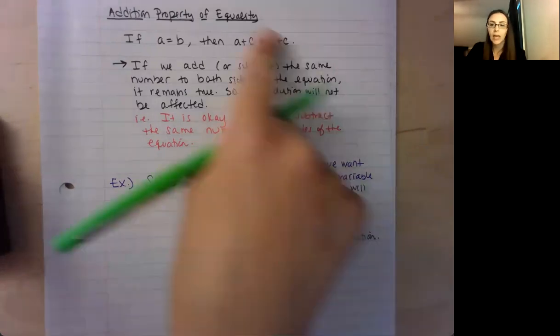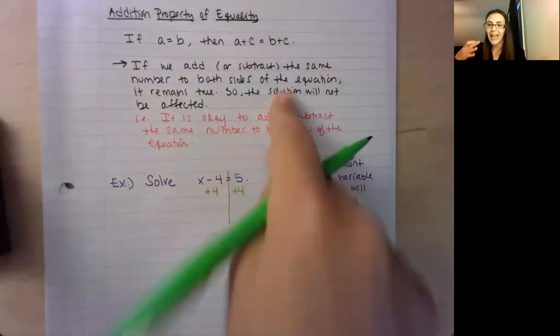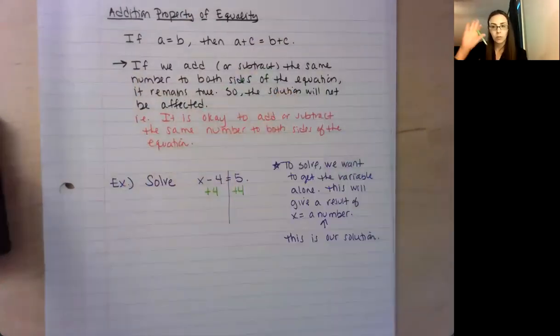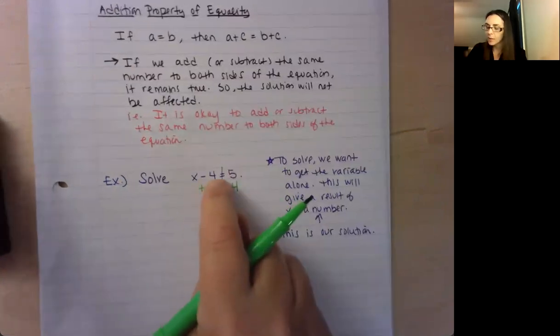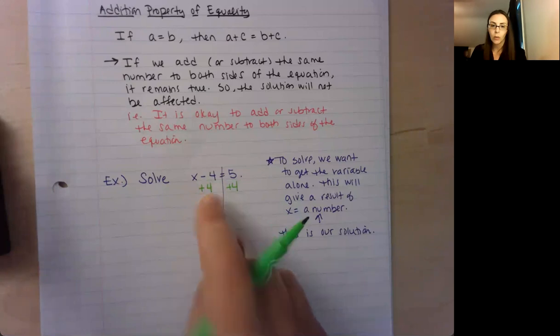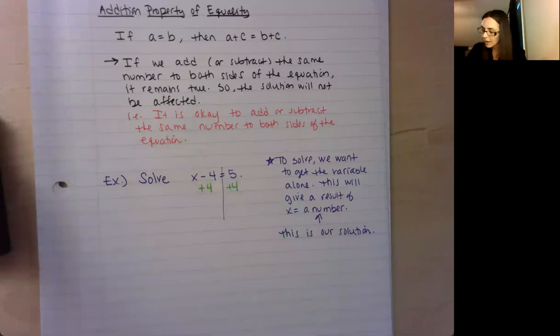My property says it's okay to do this. I can add or subtract any number I want on both sides, as long as I do it once on the left side and once on the right side. It will keep the equality true. On the left, negative 4 plus positive 4 is 0. It's going to cancel out, so that is gone.